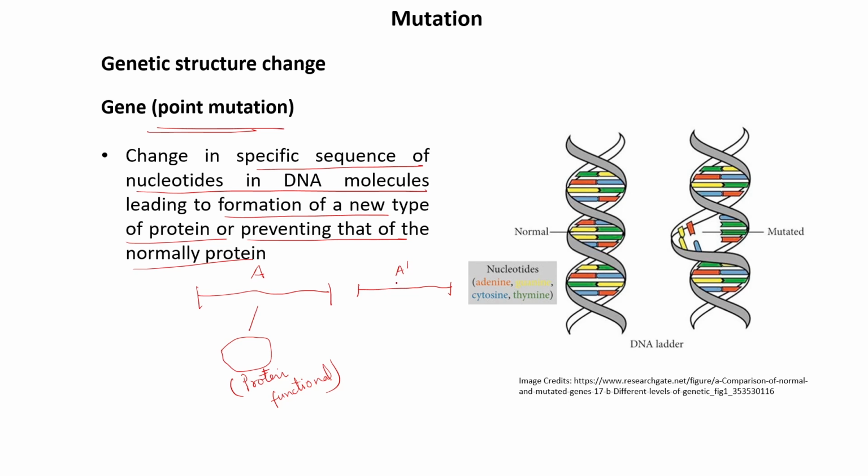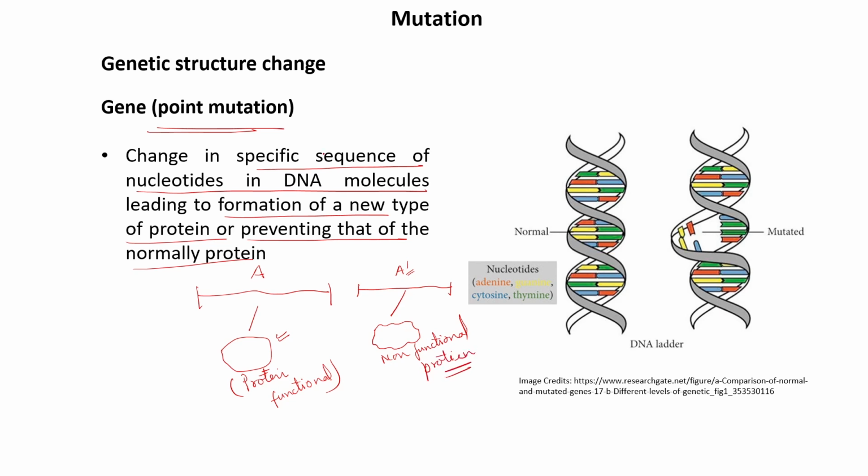Now, after mutation, there is a slight change in this gene, so I am denoting it as A dash. Now it produces a protein, but this protein is not the same as was produced earlier by gene A. So this is a non-functional protein.